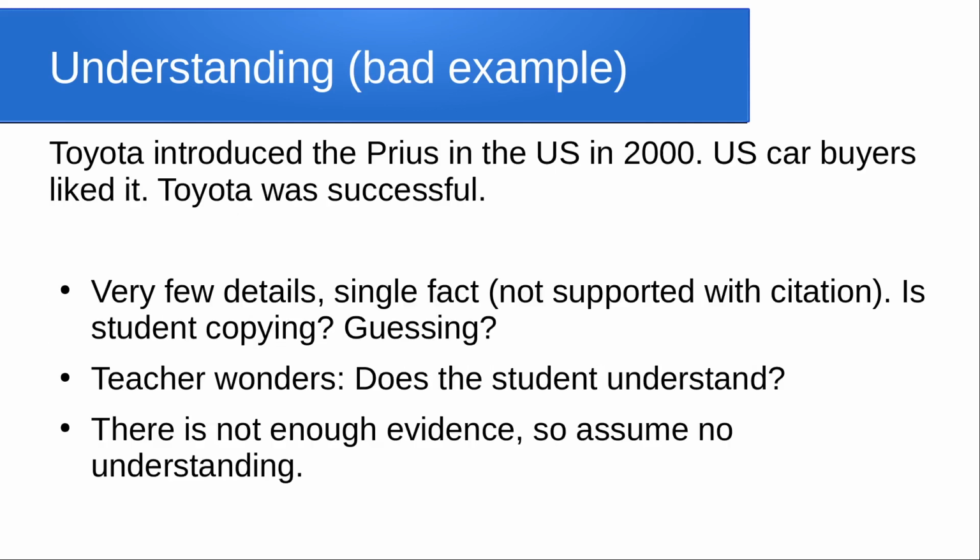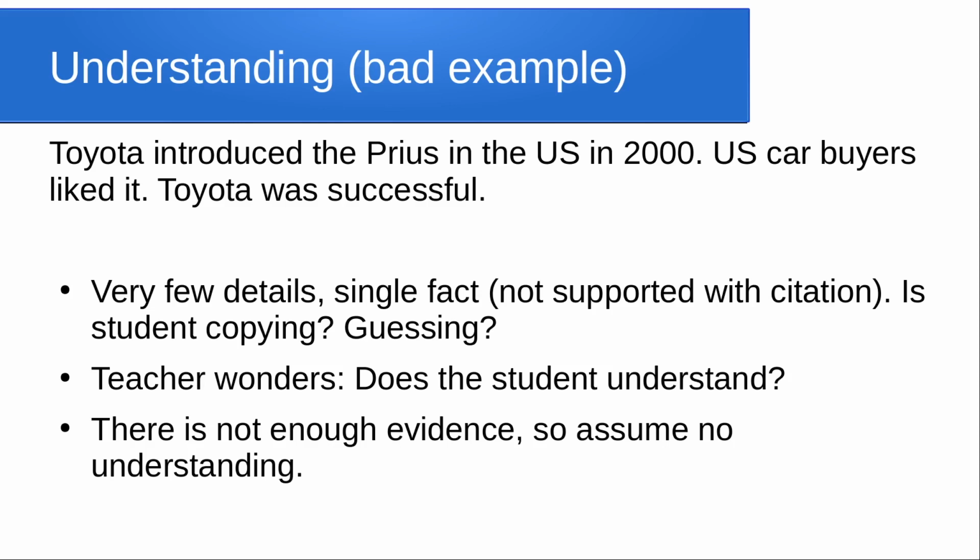A bad example would be Toyota introduced the Prius in the US in 2000. US car buyers liked it, Toyota was successful. There's very few details here. There's just one fact, and it's not supported with citation. So the teacher is left wondering, is the student copying this? Are they guessing?